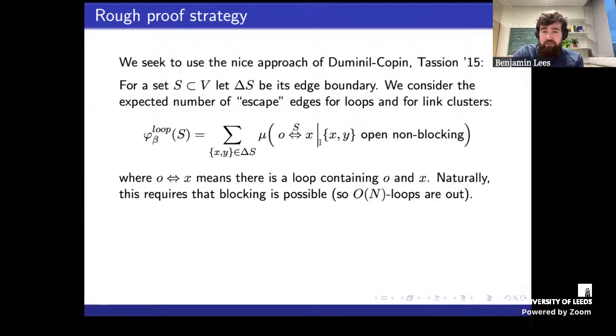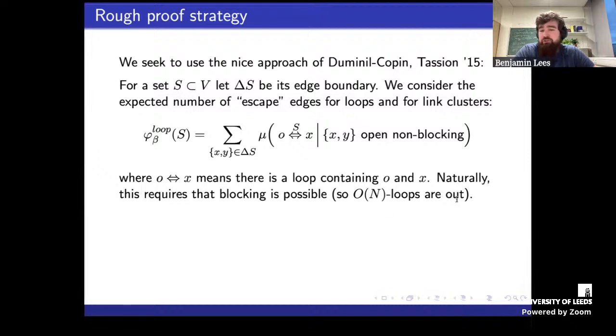And we'll condition on the event that this edge is open but non-blocking. So open but non-blocking means there is a loop longer than just something happening on a single edge xy. And in theory, it might be part of this loop that goes from the origin to x, or it might be something else, but this seems like the right sort of thing to condition on.